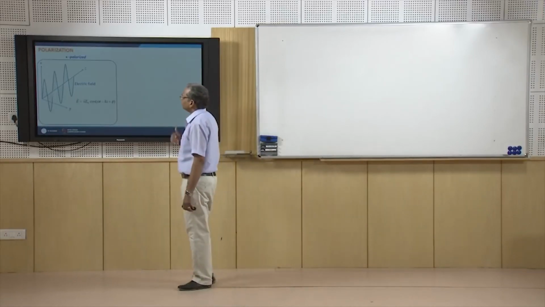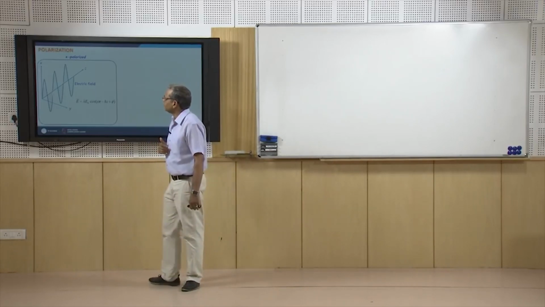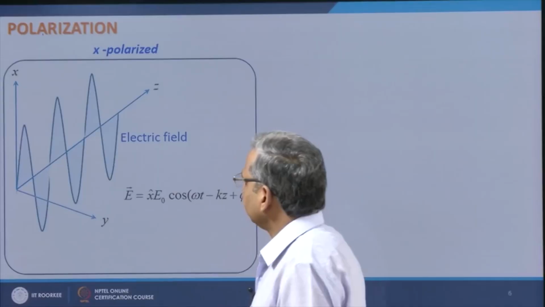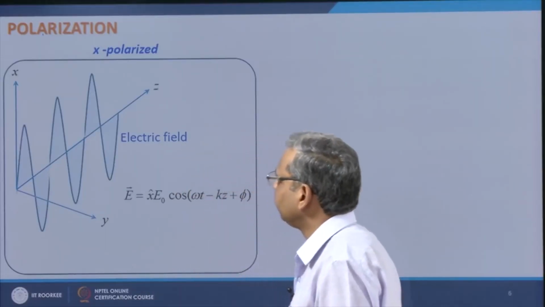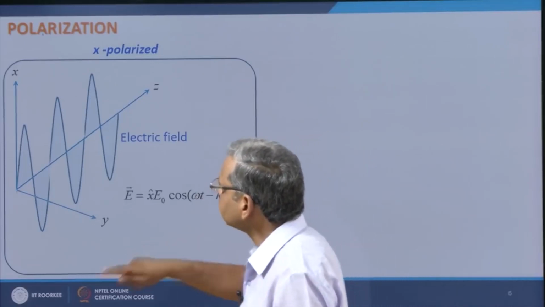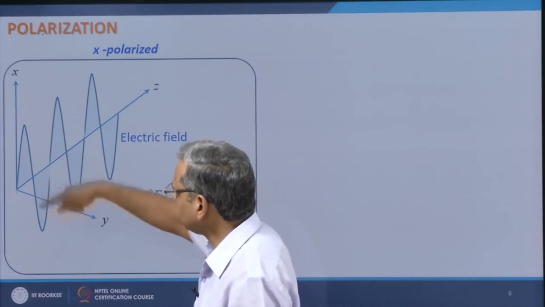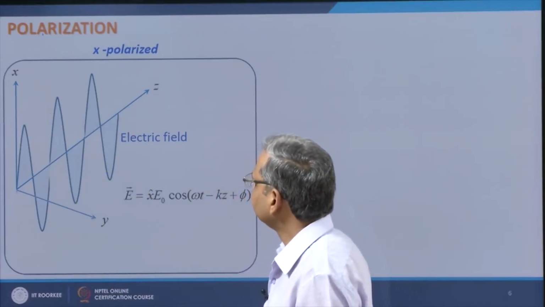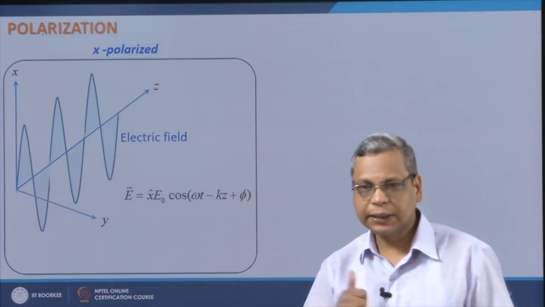Now, let us look at what is the meaning of polarization. If the electric field vector associated with an EM wave vibrates in x direction, the oscillations are in x direction, and there is a propagation in z direction. It is something like this.